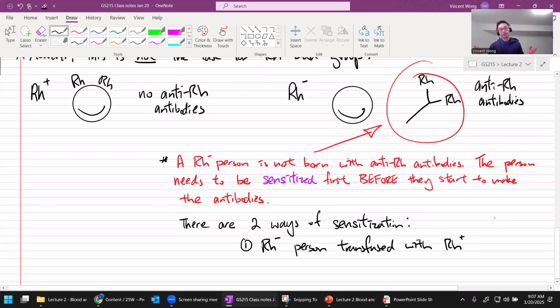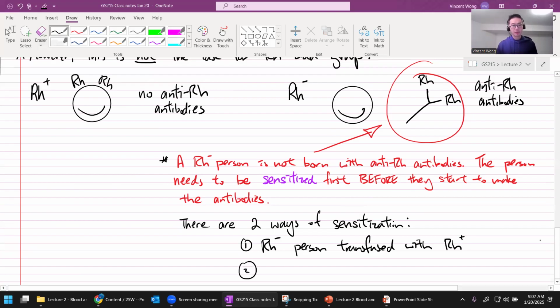It can happen. Mistakes, sure, but sometimes on purpose. If a male goes into the hospital suffering from severe blood loss, we don't have time to check his blood type and everything. By default, you give him O positive blood. I'll tell you why that is okay, why they do that, in a second. So if the male happens to be negative, then now he is exposed to positive blood and he is sensitized.